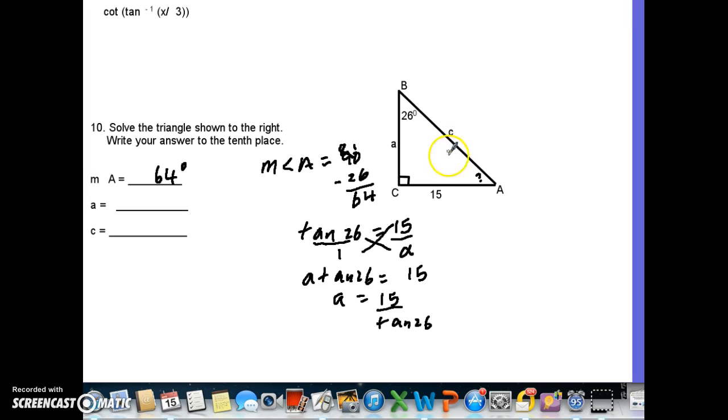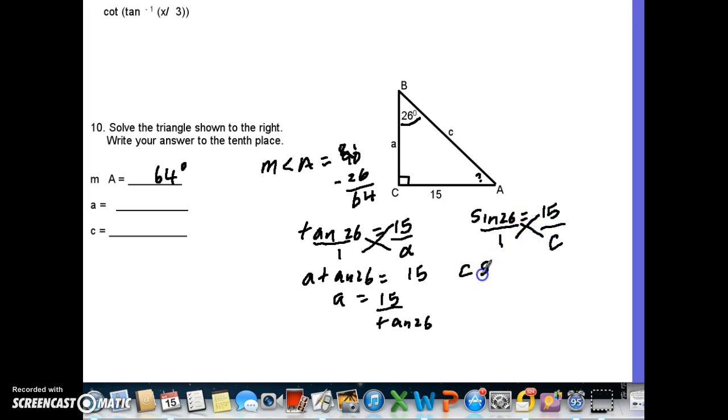How about finding C? Once we find A and we already have 15, we can use Pythagorean and find C. Or we could use a sine ratio, which is maybe a little bit easier. Some of you might like this, a sine ratio, and say sine 26 is equal to 15 over C. So let's go ahead and do that. Sine 26 is equal to 15 over C. And here, we can cross multiply like that again.